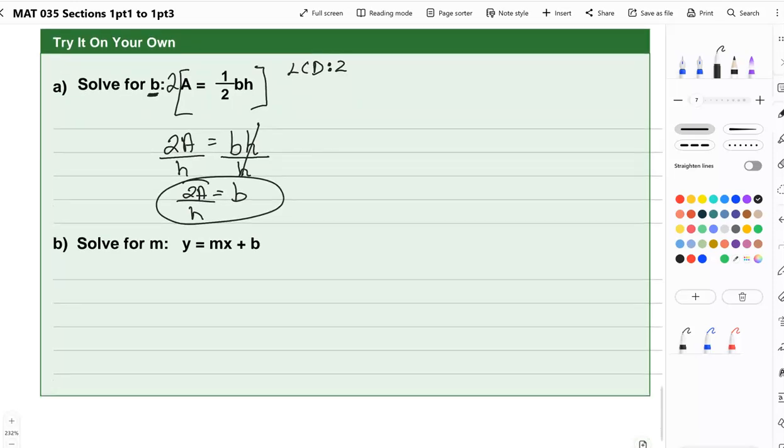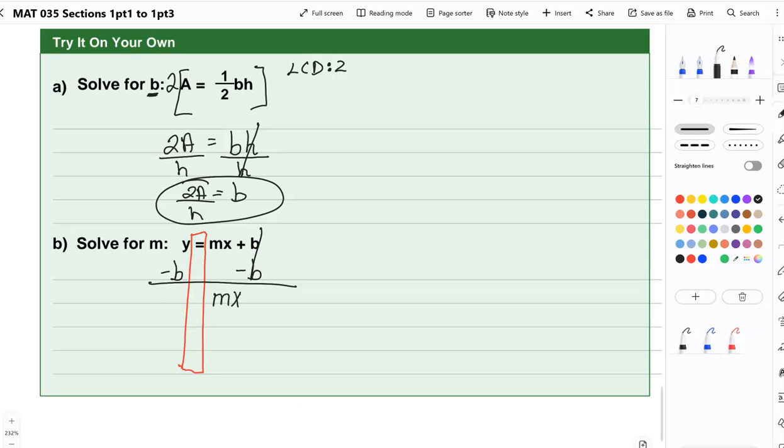And let's look at that last one. We have y equals mx plus b. That is slope-intercept form of an equation. We'll talk about that more later in the course. We want to get m by itself. So we're going to think about that wall around my equals, and I'm peeling layers off. I want to get the m by itself. To do that, I'm going to start by moving the b. That's that outside layer. So that b is going to zero out.